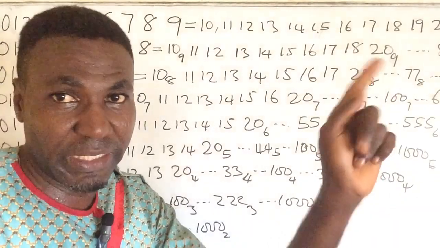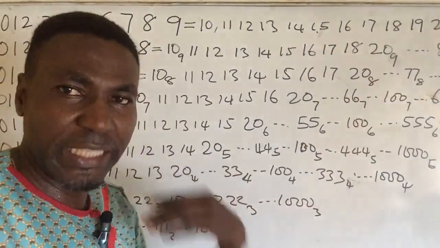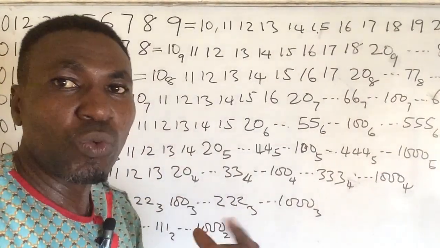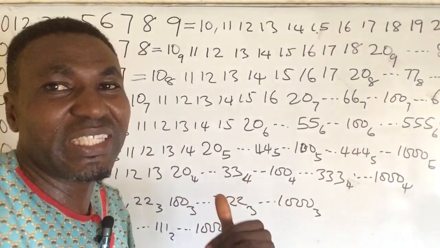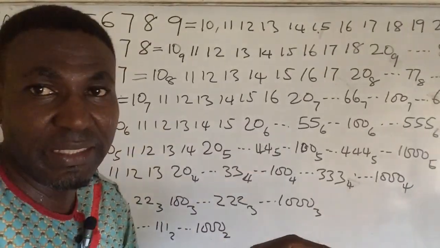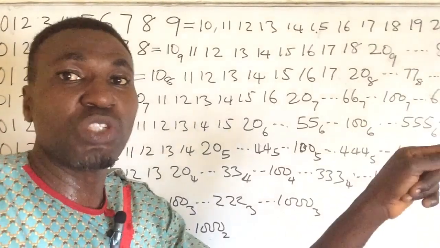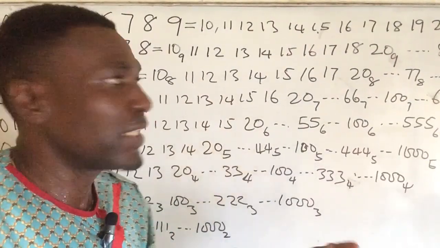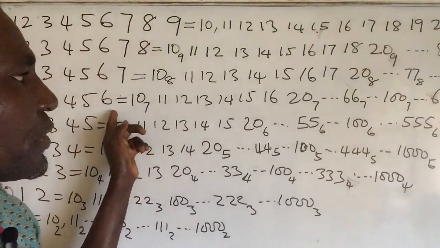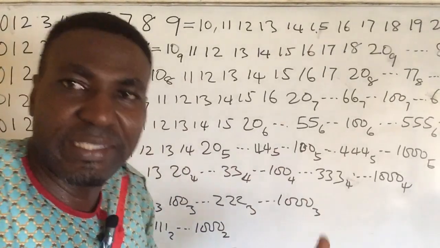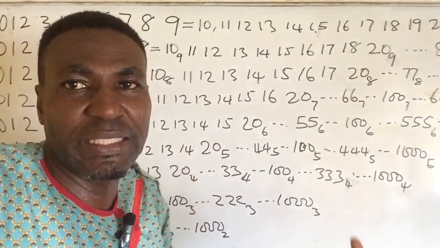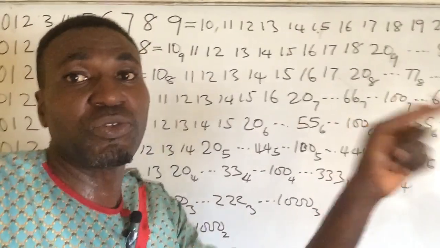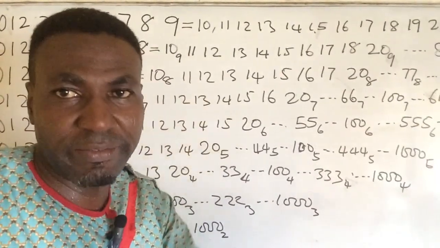Then if it's in base 8, you will no longer reach 8 again. You will reach 17, and then you meet 20, which is a kind of 20 base 8. Then in base 7, you will now meet 16, that is 16 base 7, before you meet that 20, which is a kind of 20 base 7.